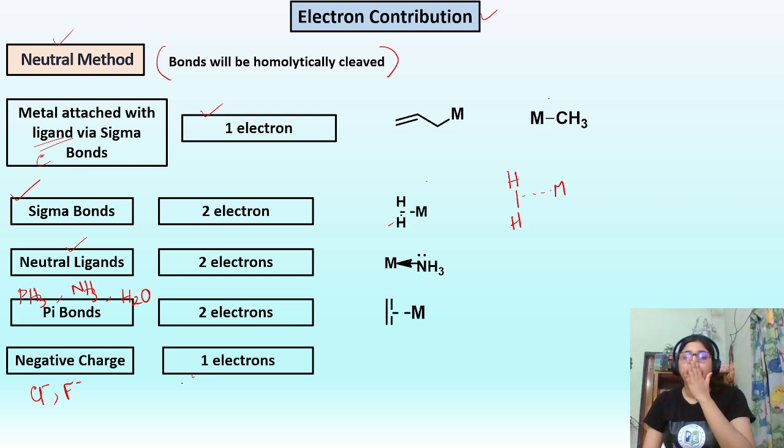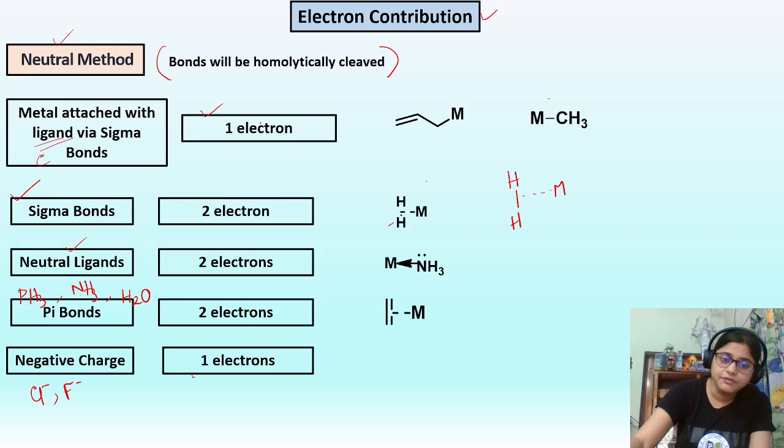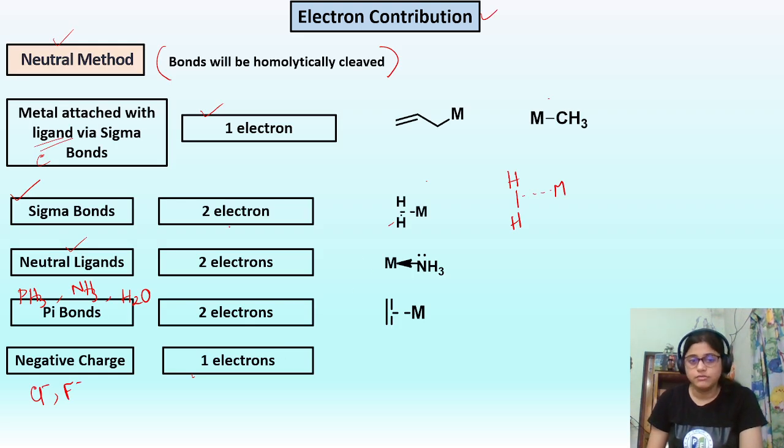So please remember that for a negative charge we will take only 1 electron as the count. Fine. If you remember these examples and how many electrons they are contributing, you can solve any question.